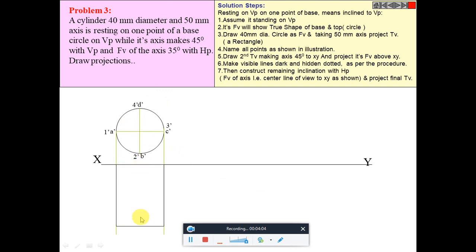We know that the axis height is 50, so just draw the rectangular box which is 50, and always we are supposed to mark axis points with respect to dashes, and always ensure that you do not draw this line dark.